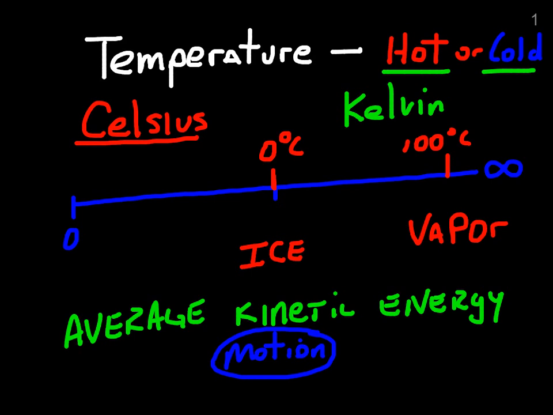Now, if I'm talking about the Kelvin scale, 0 degrees Celsius turns out to be 273 Kelvin. And you don't say degrees Kelvin, you just say Kelvin. And 100 degrees Celsius turns out to be 373 Kelvin. So what you see is each incremental increase in Kelvin is the same as a degree change in Celsius, which is kind of nice.